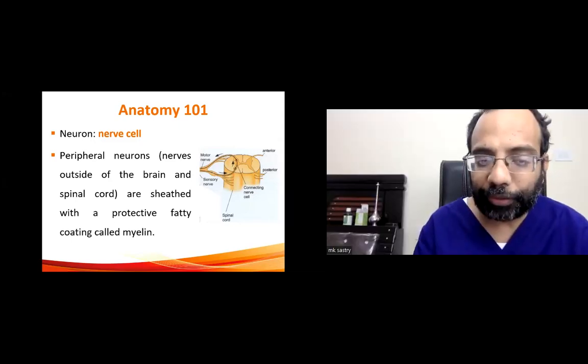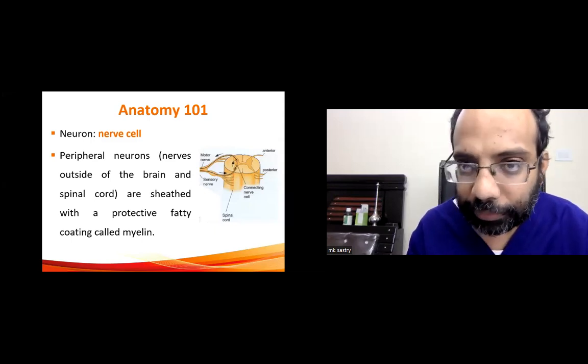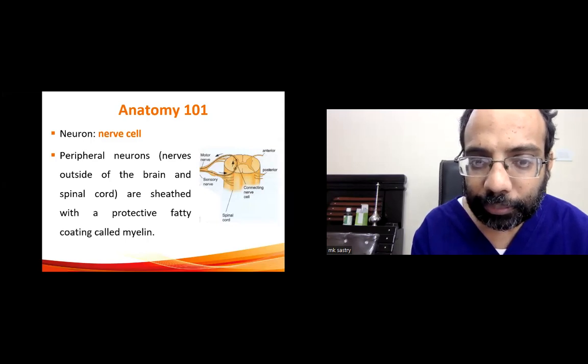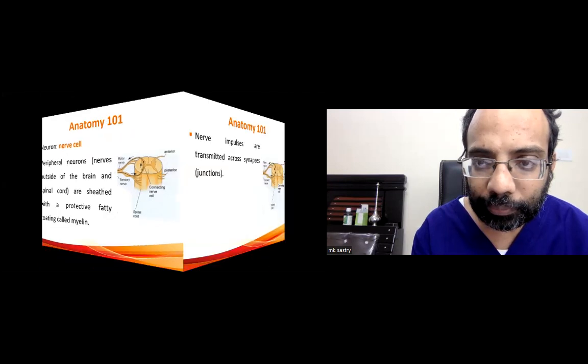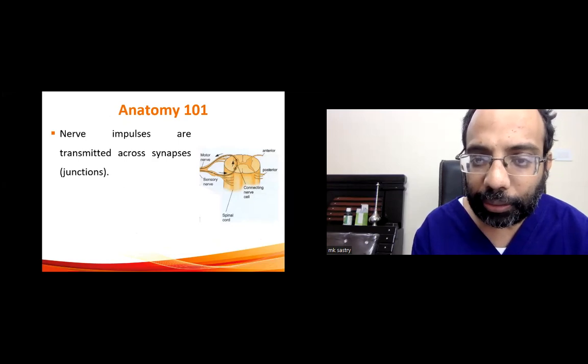And this is protected by a fatty coating called myelin. Nerve impulses are transmitted across the synapses.